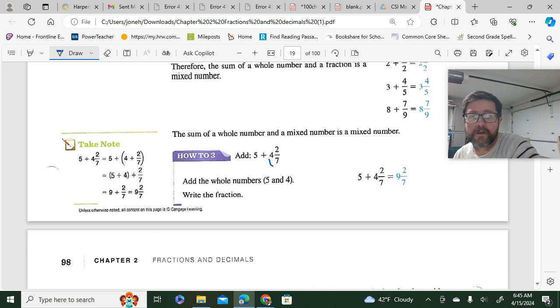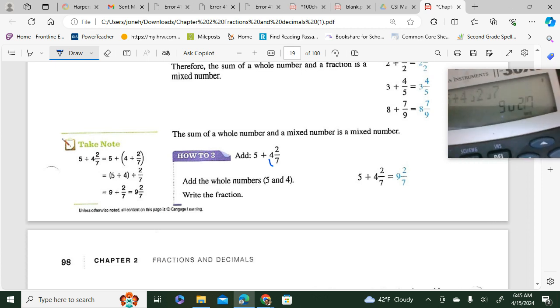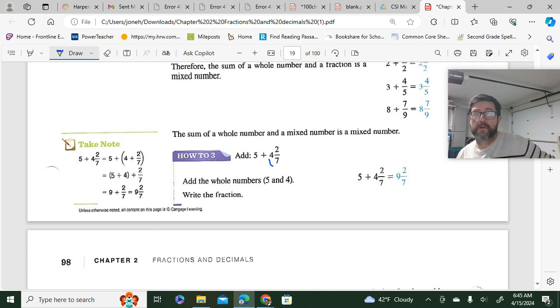We hit it again, and it allows us to put in the fraction. So we have 5 plus 4 2/7, and we have 9 2/7, which is what I get on my calculator. And that is the answer that they have.